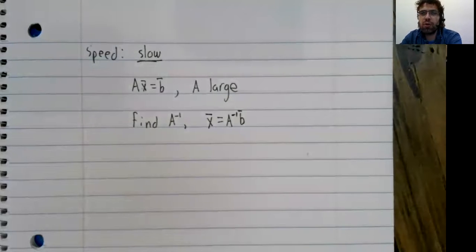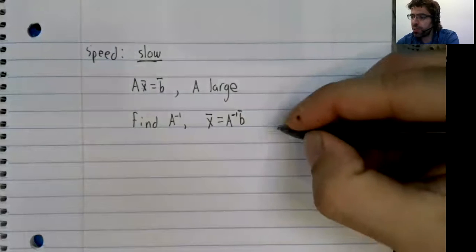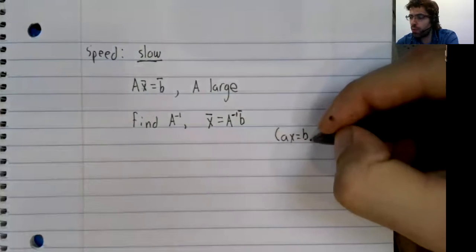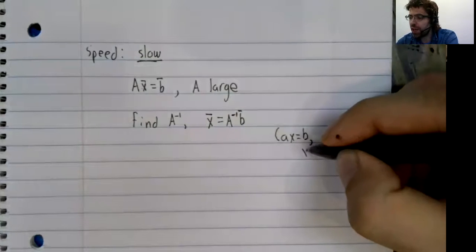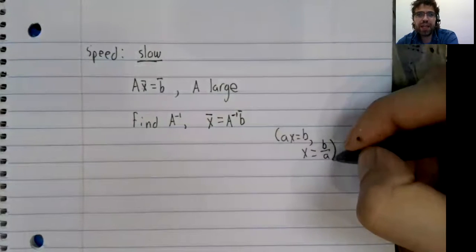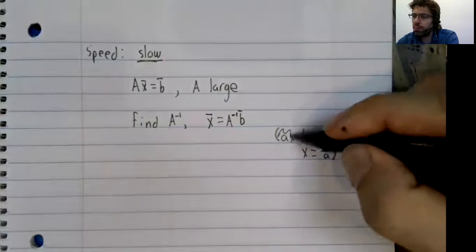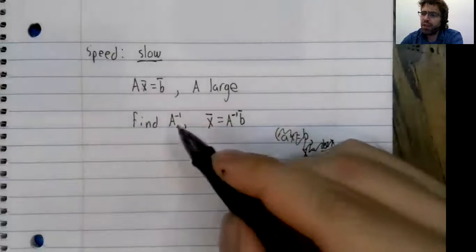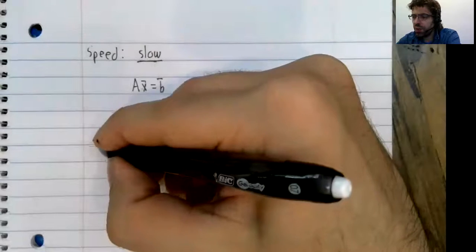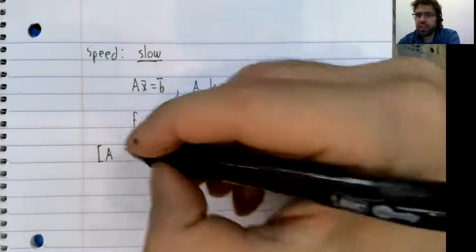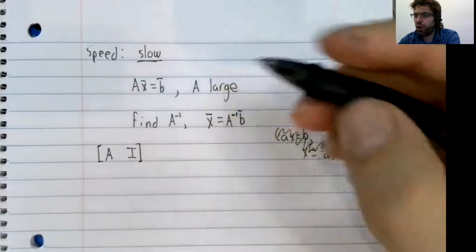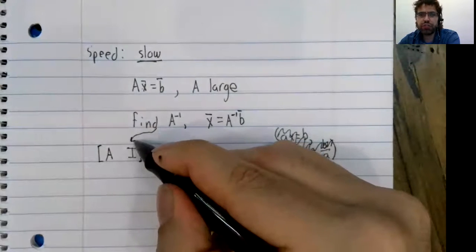You're used to solving non-matrix equations of this form, AX equals B, by multiplying both sides by 1 divided by A. But consider, to find A inverse, we needed to perform Gauss-Jordan elimination on this augmented matrix.